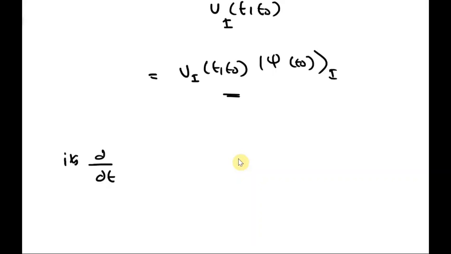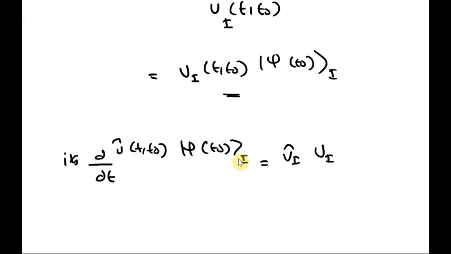So it is ∂/∂t of U_I(t, t₀) ψ_I(t₀) is equal to V_I, and the wave function is going to be U_I(t, t₀) into ψ_I(t₀) in the interaction picture.